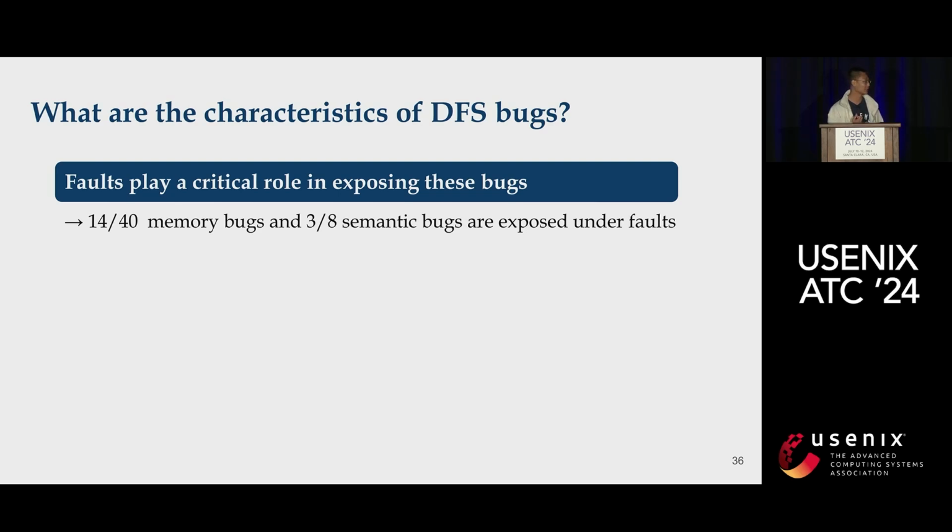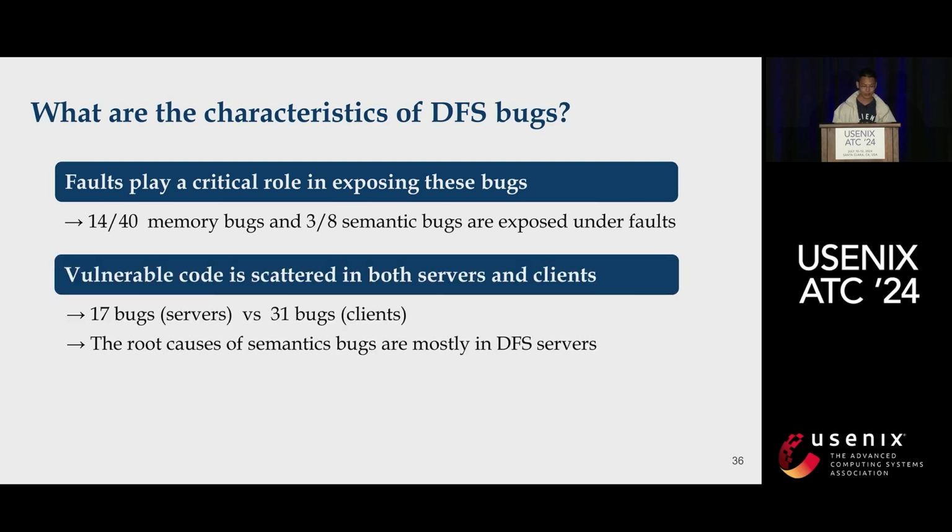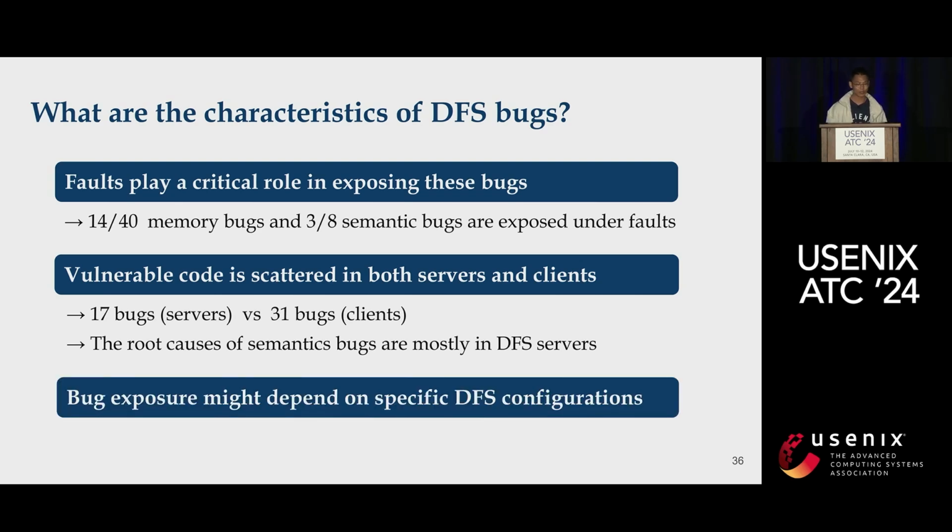So this shows the significance of testing both syscalls and distributed faults together. And also we found vulnerable code is scattered in both servers and clients. Interestingly, the root causes of semantic bugs are mostly on the server side. We also found that bug exposure depends on specific distributed file system configurations, like a cluster file system bug that can only be exposed when the instance is configured with exactly 2 servers and in a distributed mode.